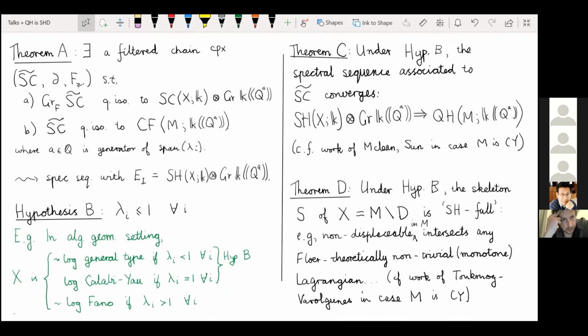So the first theorem says that there exists a filtered complex whose associated graded is quasi-isomorphic to the symplectic cochain complex tensor with the associated graded of this coefficient ring K adjoin capital Q, although actually you need to take a slightly larger one: K adjoin Q to the A, where A is a generator of the subgroup of Q spanned by these lambda I.